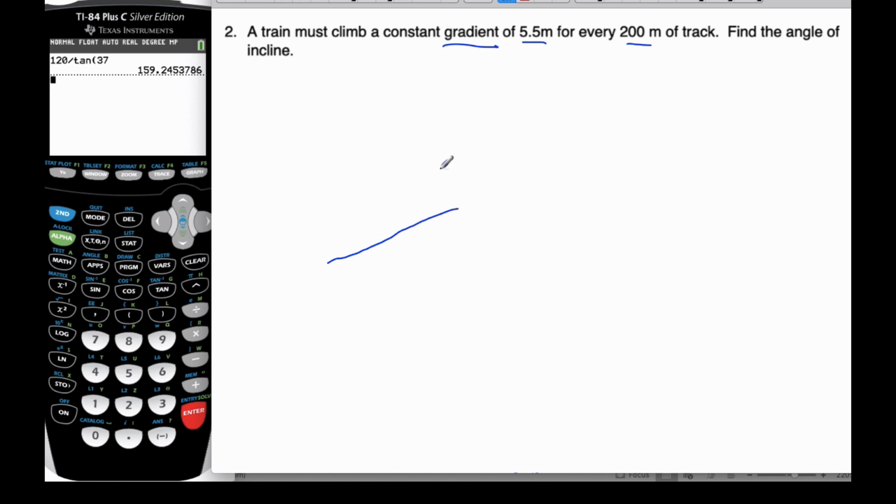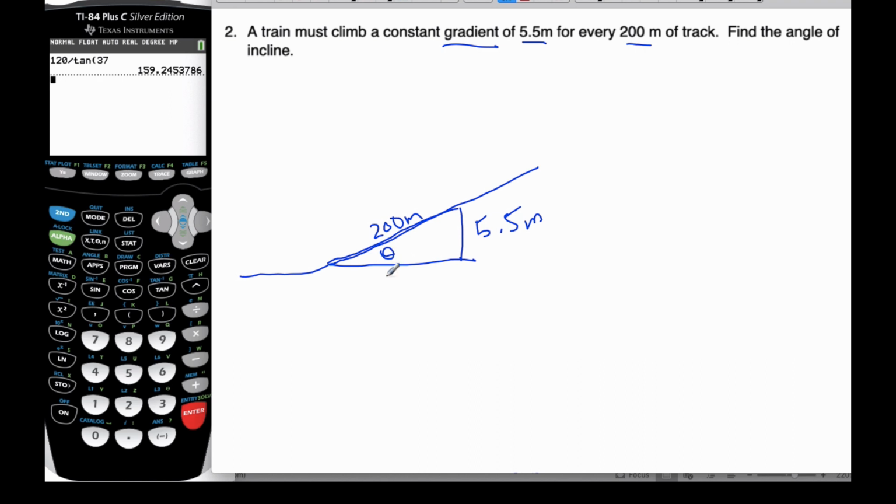For every 200 meters of track, so if it's going up a hill, here's 200 meters of track. The train is coming up the hill, and this is 5.5 meters. Okay, so I'm looking for the angle of incline, which is going to be theta here. And so the train is going up the hill. Here is my train.